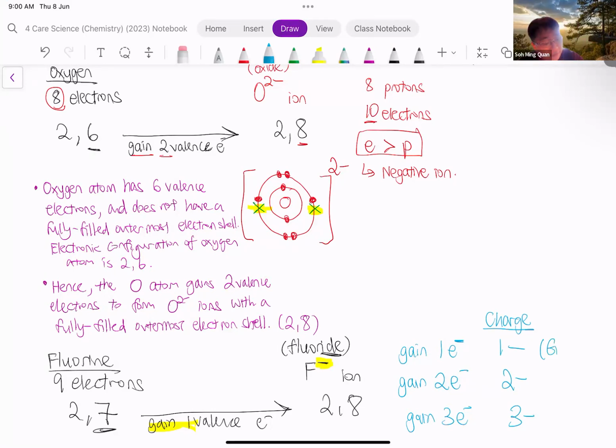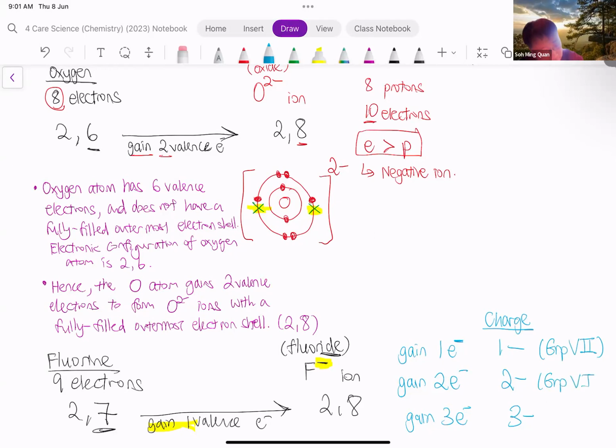So group 7, fluorine, chlorine, they will form F minus, Cl minus, Br minus, I minus, and so on. So group 7, they will gain 1 valence electron. Group 6, oxygen, sulfur, they will form O2 minus, S2 minus. Group 5, nitrogen, phosphorus, they will form N3 minus, P3 minus. Okay?